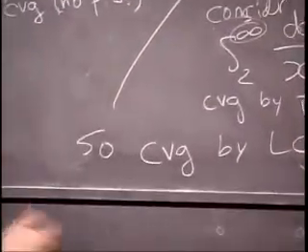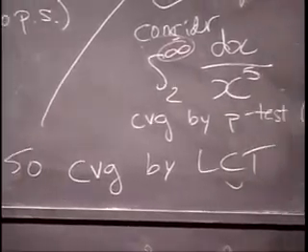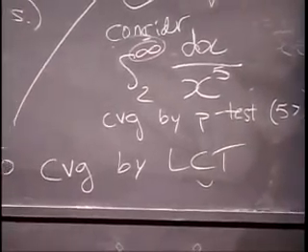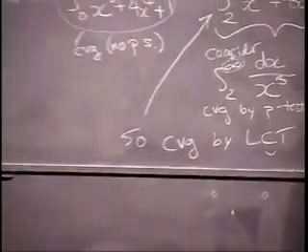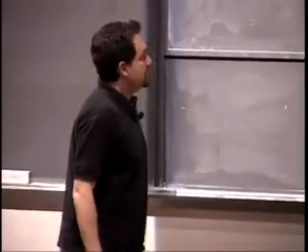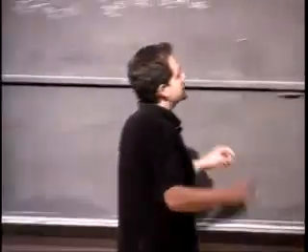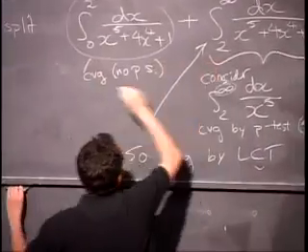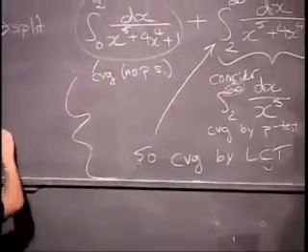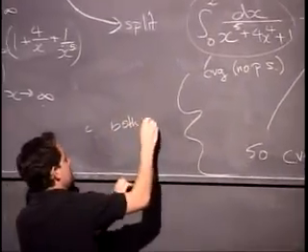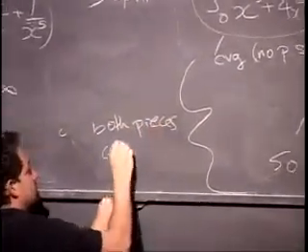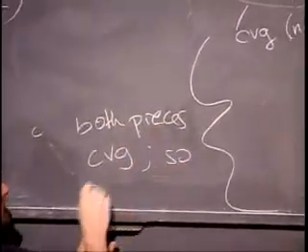And I'm saving a line or two. You should really rewrite the integral and write it out a bit more. But as I said, I'm going to start abbreviating my solutions a little bit. Okay, so the point is that this piece converges, therefore both pieces converge. So does the original integral.